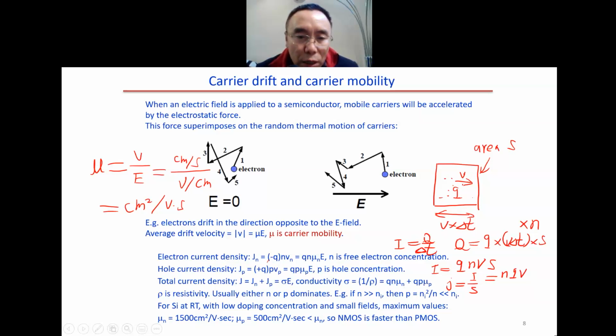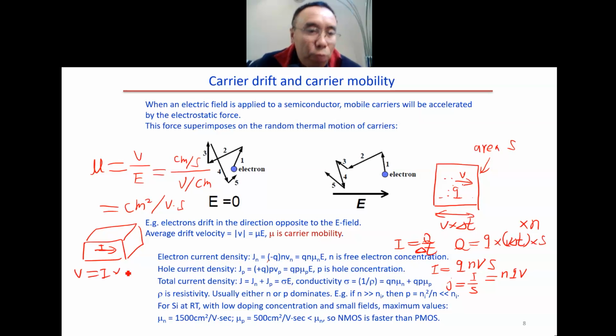Now we want to derive J equal to sigma E. We assume we have a block, and we have the current moving inside the block. We know Ohm's law, V equal to IR. If the distance from here to here is L, V is equal to E times L, the field times the length.